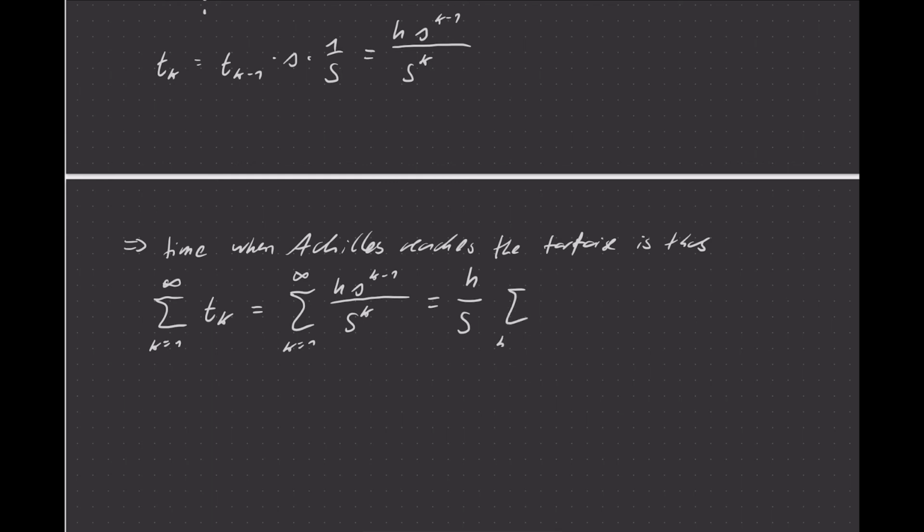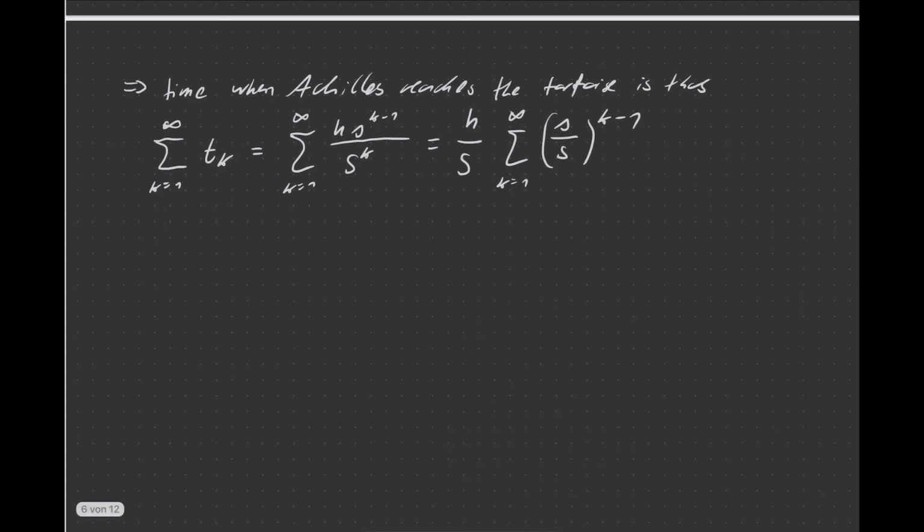And then we have the sum from 1 to infinity over s over capital S to the power of k minus 1. And of course we can reformulate that further. We're starting at k equals 1, but here we're starting at k minus 1. So in effect, we're summing up the 0th power of that expression, and the first power, and the second power, and so on, up to infinity.